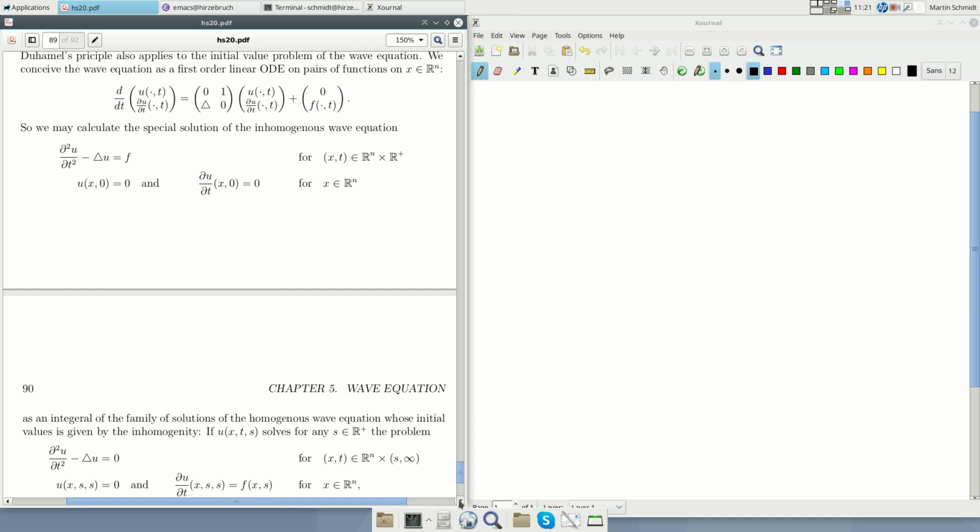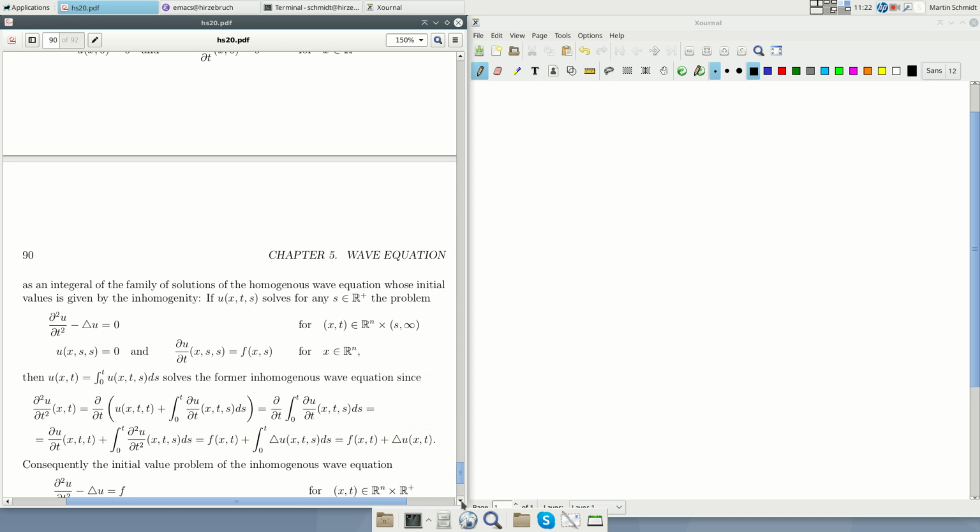We want to calculate the inhomogeneous special solution of this linear ODE, and we know we obtain this by inserting the inhomogeneity as an initial value problem. So let's do this.